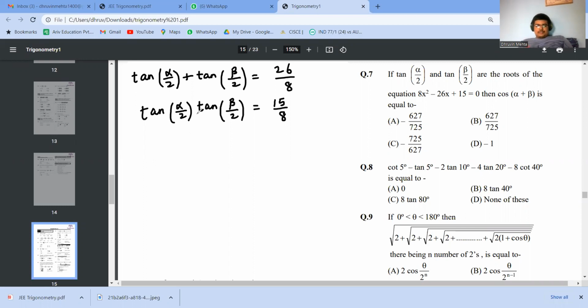Yes, Muskan, Trisha. So how are we finding cos of alpha plus beta from here?